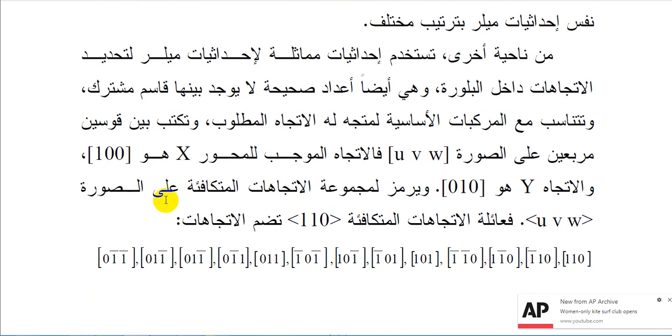Written in two square brackets in the form UVW. The positive direction of the x-axis is 1 0 0 and the y direction is 0 1 0, and the group of equivalent directions is denoted as follows. The family of equivalent directions 1 1 0 includes the following directions.